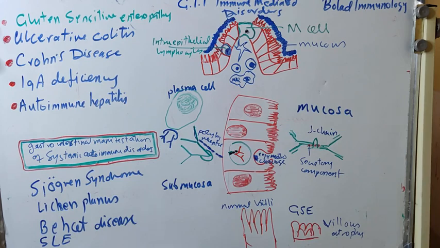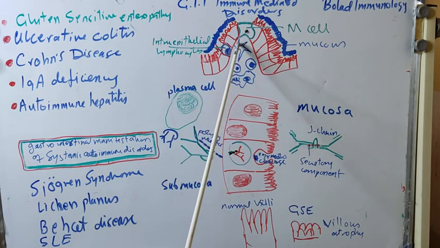Within the gastrointestinal tract, there are lymphoid tissues known as gastrointestinal tract associated lymphoid tissues, or GALT, which is a component of mucosal associated lymphoid tissues. They are present in two forms, either diffused or scattered. As can be seen here, these are the villi.